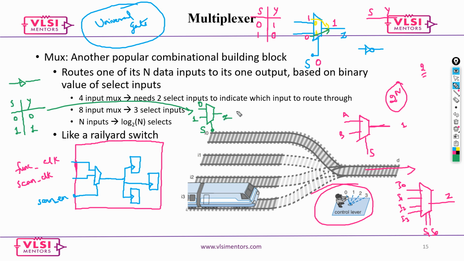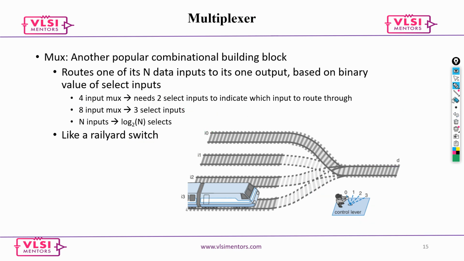Now on a simple note, how do you actually design an AND gate using 2 cross 1 mux? Can you guys give a try? How can we do this?